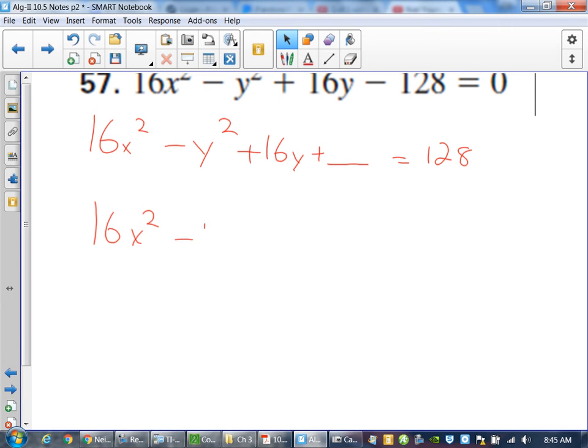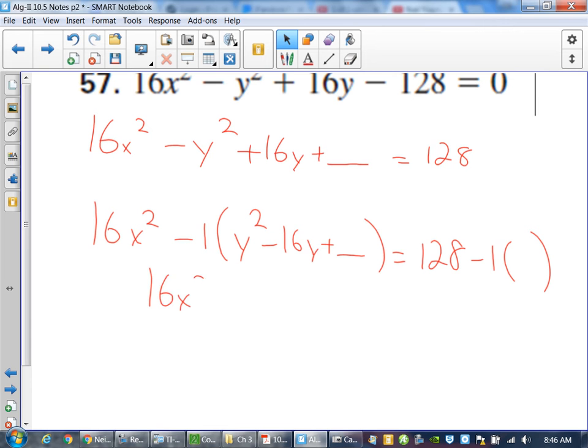Here I have to take out the negative 1, and I get y squared minus 16y plus blank equals 128 minus 1 times something that we figured out here. 64, good. So you're going to get 16x squared minus 1, y minus 8 quantity squared, 64 here, 64 there, 64 everywhere.